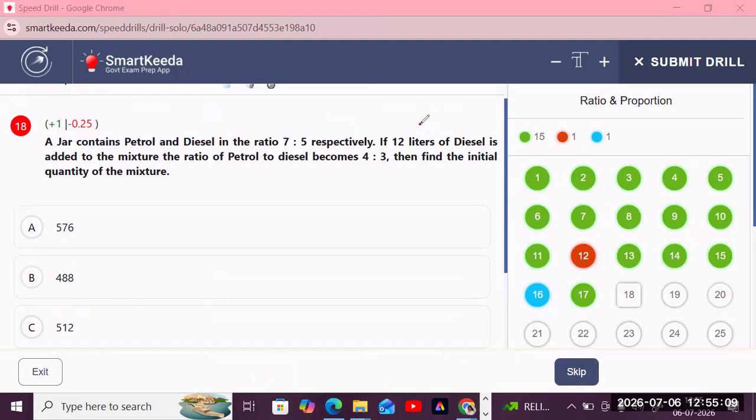A jar contains petrol and diesel in the ratio 7:5 respectively.